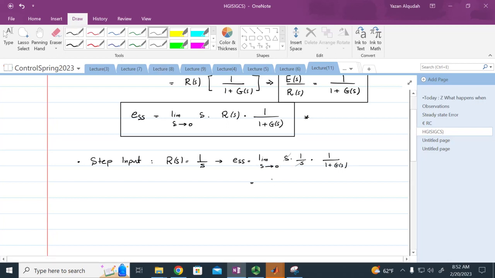And since I have a constant in the numerator, I can just write this as 1 over 1 plus the limit as S goes to 0 of G of S.